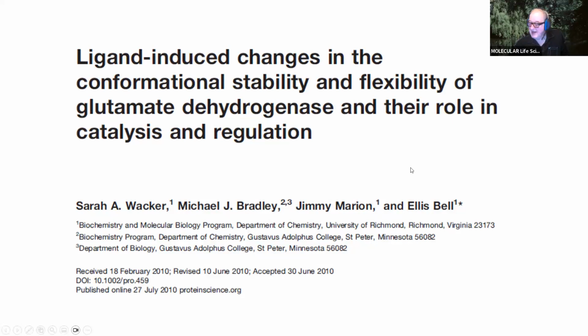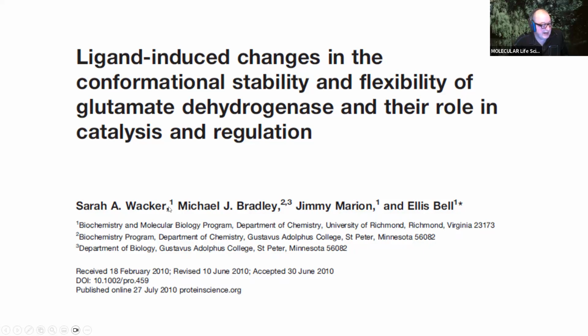So what I want to end with is a couple of papers that aren't about malate dehydrogenase, but they illustrate some of the things that can be done to get around some of the issues raised in all three of the papers, which is about rate limiting steps and things like that.